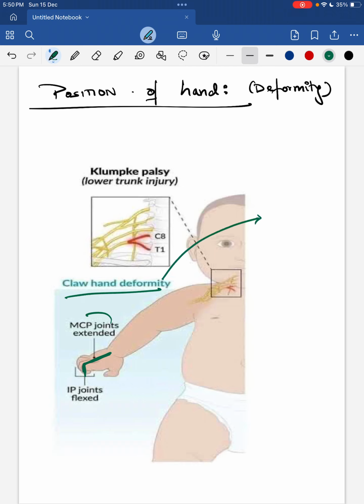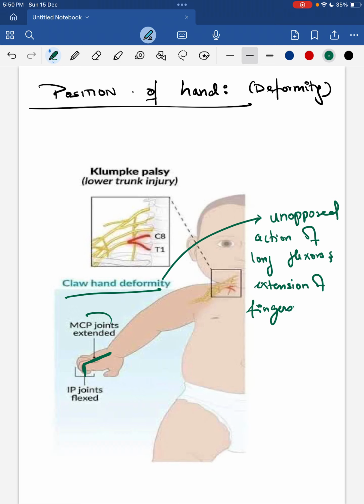So this deformity occurs due to unopposed action of long flexors and extensors of the fingers. Okay, so the child will result in hyperextension at metacarpophalangeal joint and flexion at the interphalangeal joint.